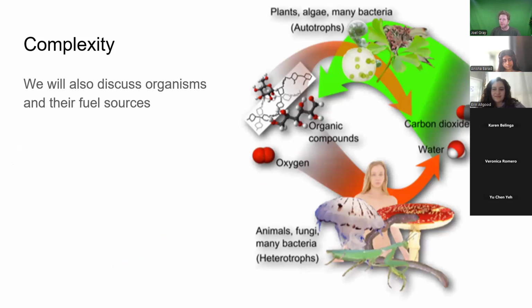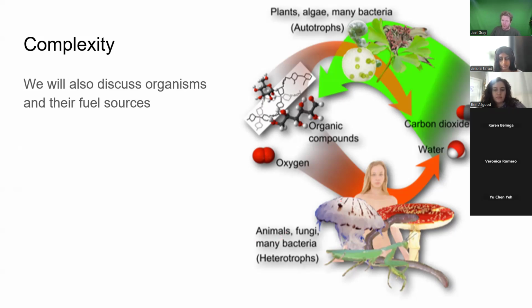Okay, so we'll also discuss organisms and their fuel sources. This is something that you'll get into a little bit more in metabolism because you'll talk about photosynthetic organisms. But we'll talk about different organisms that use oxygen and an organic compound to break it down into carbon dioxide and water. Animals do that.